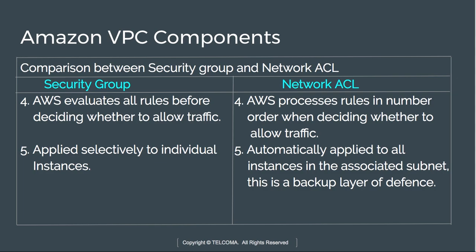A network ACL is automatically applied to all the instances associated with the particular subnet. This is also called a backup layer of defense. These are basically the differences between security groups and network ACLs. A security group supports allow rules only, whereas network ACLs support both allow rules and deny rules.